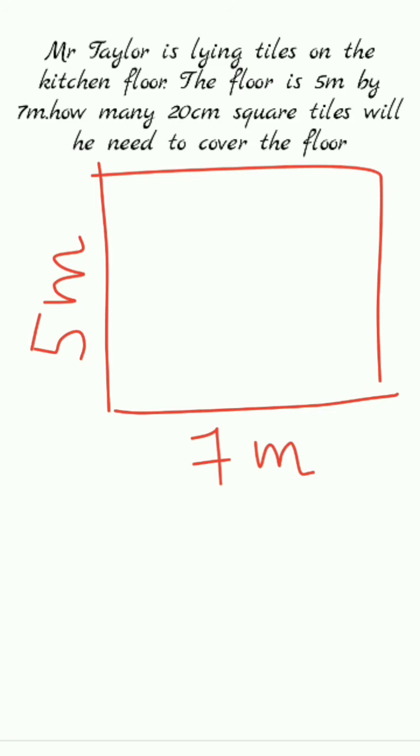So here he needs to cover this entire area of this floor using tiles whose length of its side is 20 centimeter. And the question is, how many tiles will he need to cover the floor?